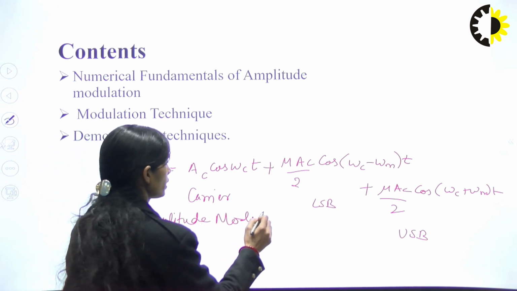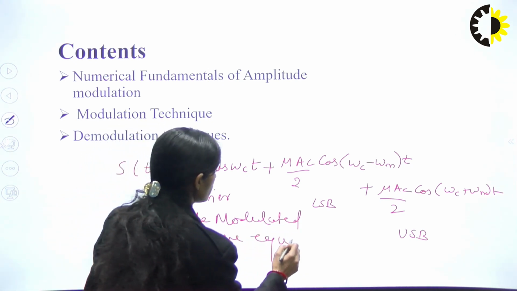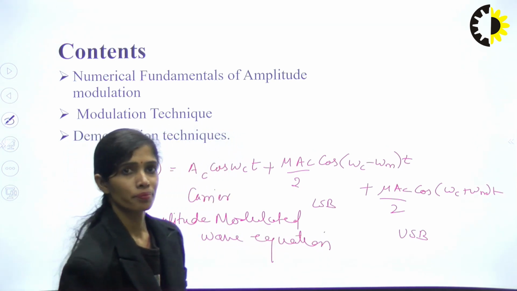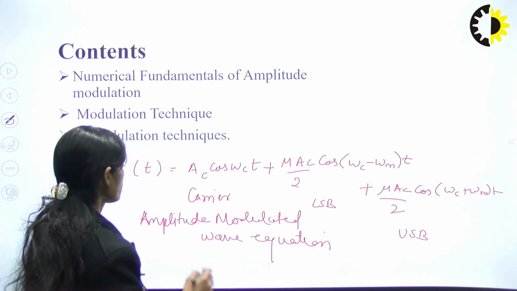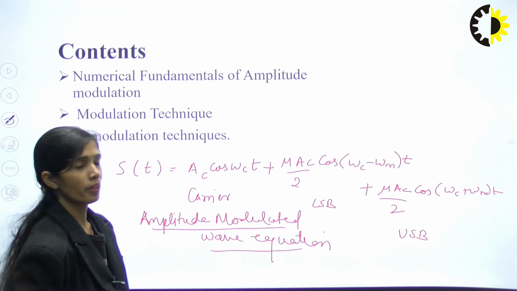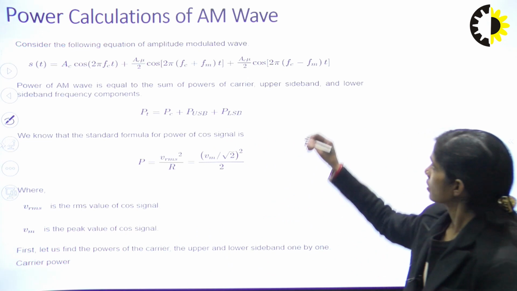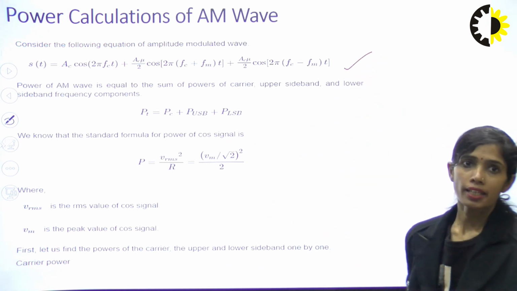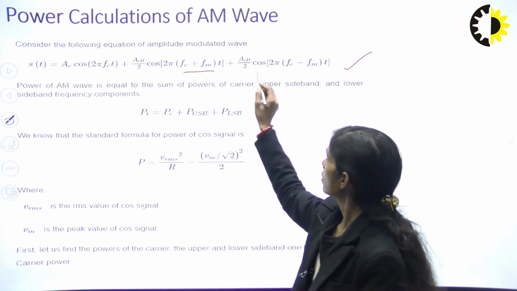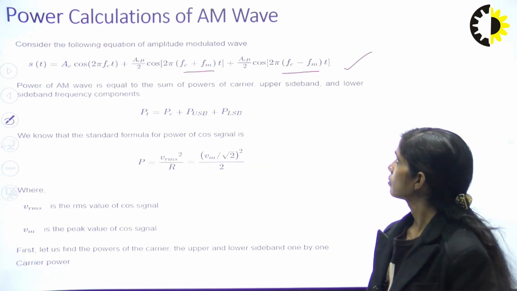In this equation, we had already derived the formula for the total power. The total power which is to be transmitted in the amplitude modulated wave is given by the formula. The amplitude modulated wave is represented in linear frequency components like Fc plus Fm or Fc minus Fm.